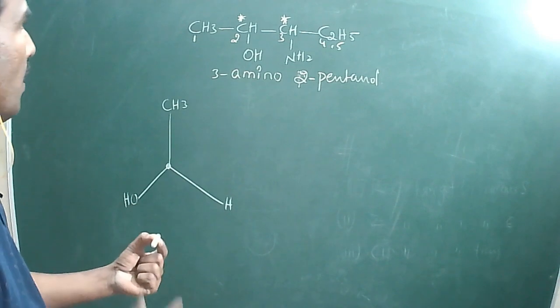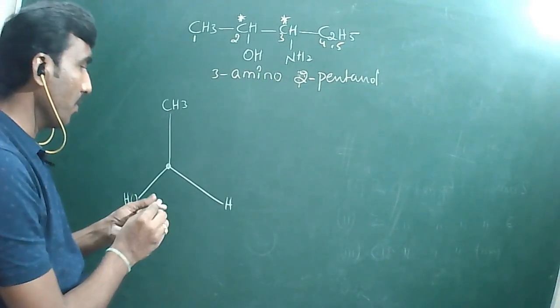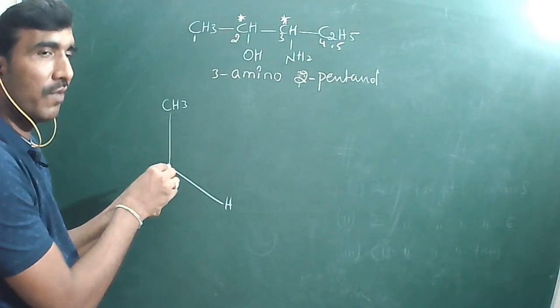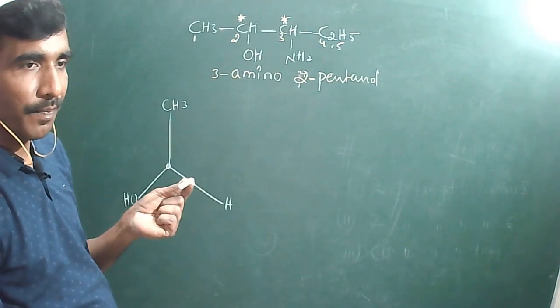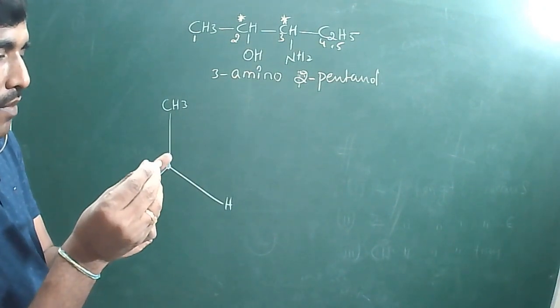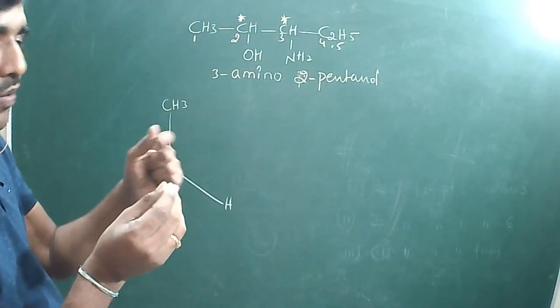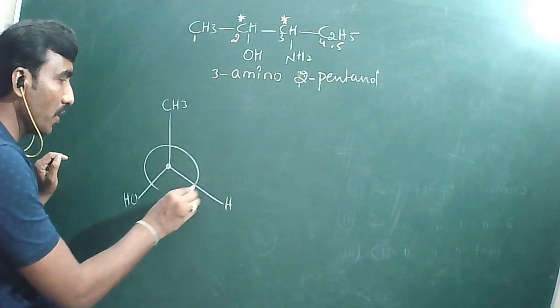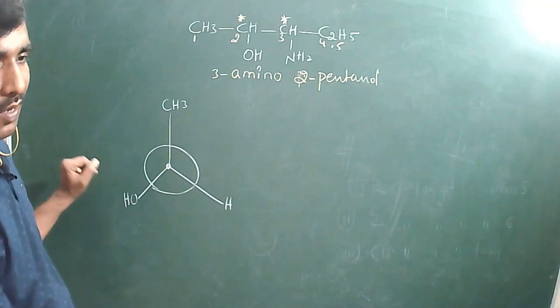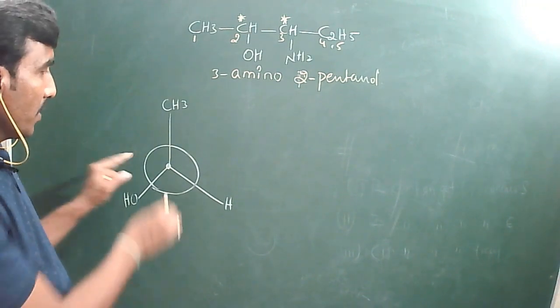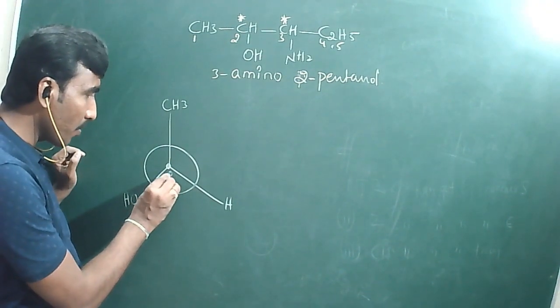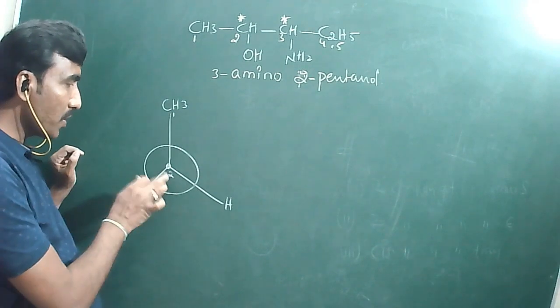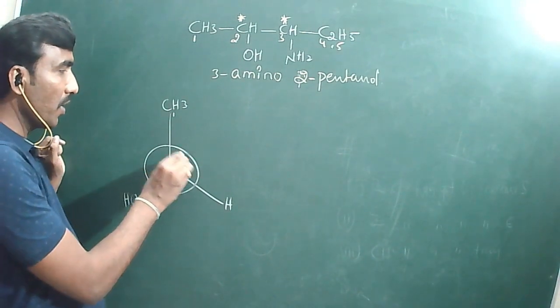Right. Now the third carbon atom. If I represent it with a dot, you will get confused. So it is behind, and it should be somewhat bigger. Actually both are the same size, but to represent on the 2D plane, I am showing it with a big dot or big circle. This is my second carbon atom, and this is the third carbon atom.